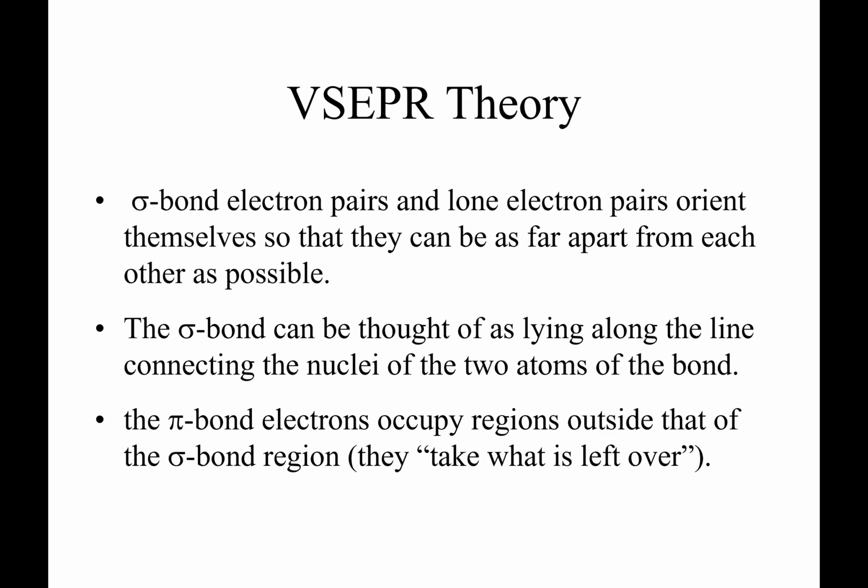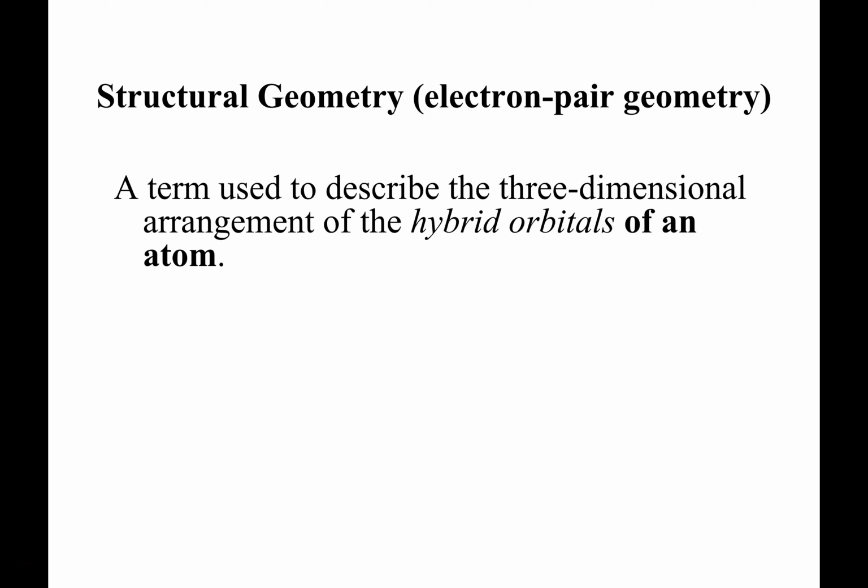Now the pi bonds are outside the sigma bond. Once you have the primary, you can have secondary. Once you have sigma, you can have pi, not the reverse. So when we're talking about structural geometry or electron pair geometry, we're focusing on the sigma bonds only, not the pi bonds. Sigma bonds and lone pair electrons give what we say is electron pair geometry around an atom.